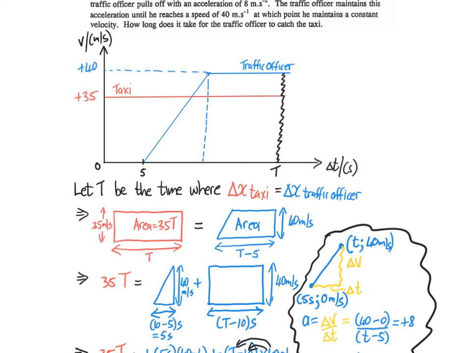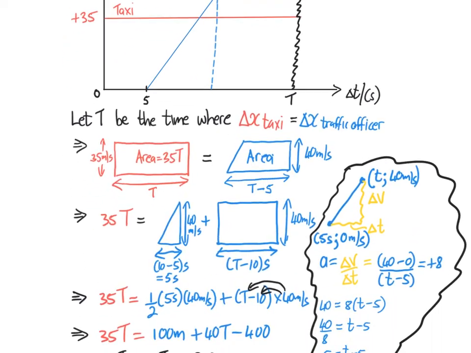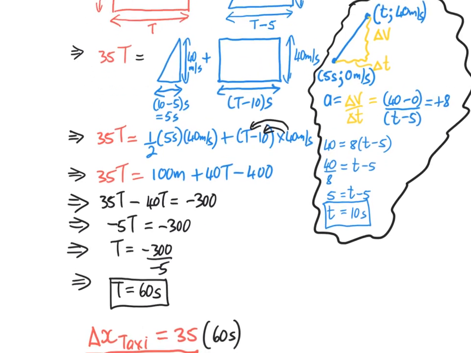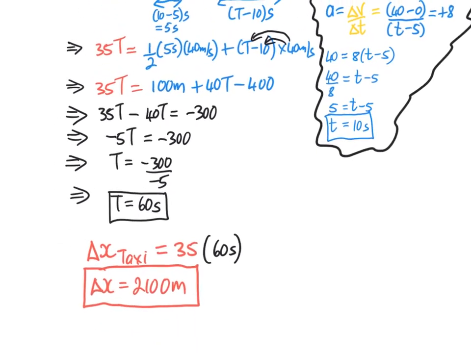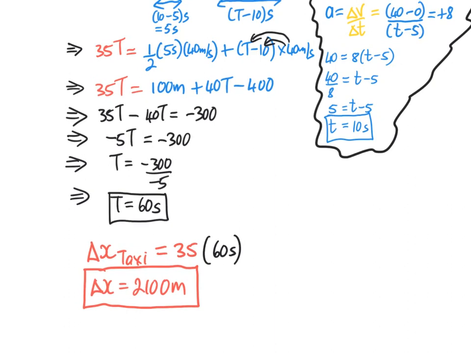So in order to sketch the graphs of motion, I'm going to go a little bit further with this. I'm going to work out the change in position of the taxi and the policeman at the point where the traffic officer catches up to the taxi.